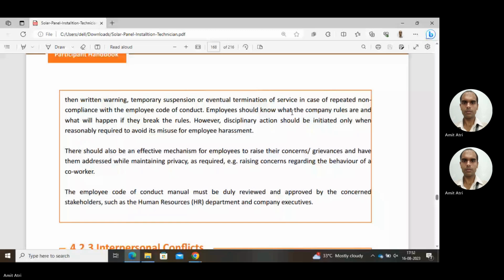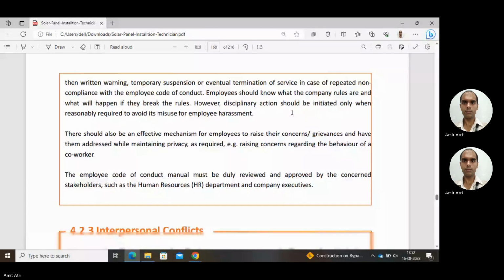They should be addressed, and privacy should be maintained. The employee code of conduct manual must be duly reviewed and approved by the concerned stakeholders, like the human resource department and company executives. So HR and the company executives should review and approve the code of conduct manual.